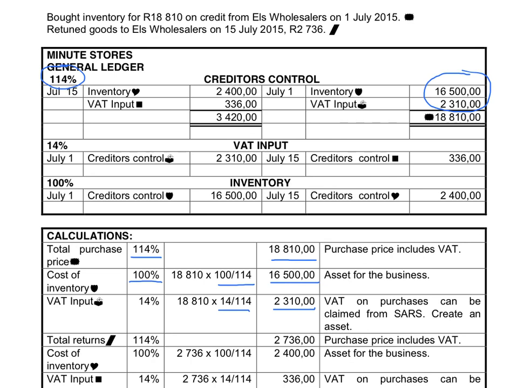The VAT account is a 14% account, and we will debit VAT input with the 2,310, and this is the amount that we can claim back from SARS.